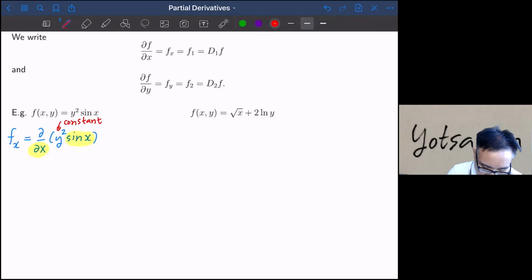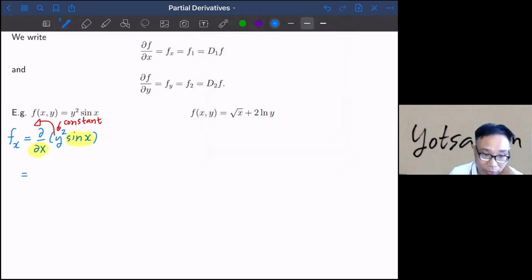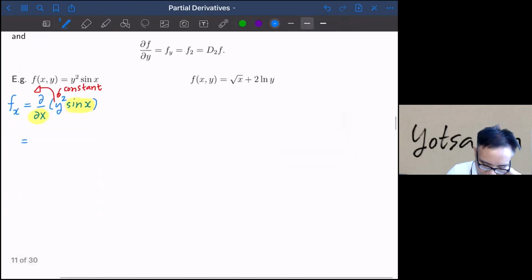We can pull the constant outside the derivative, so it's just y squared times d/dx of sine x.